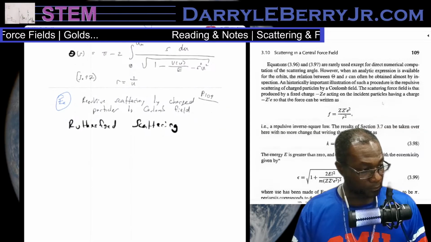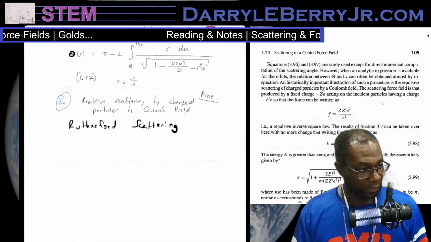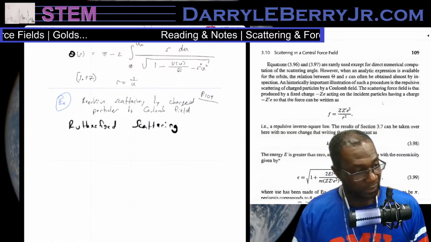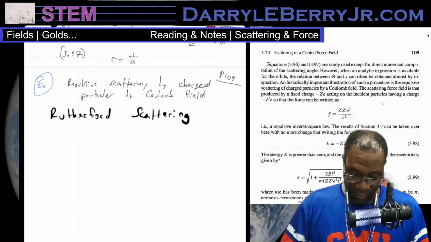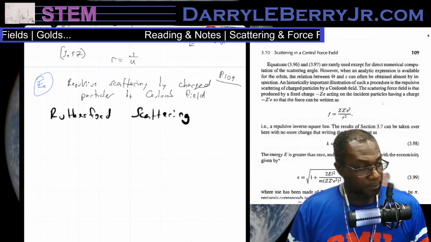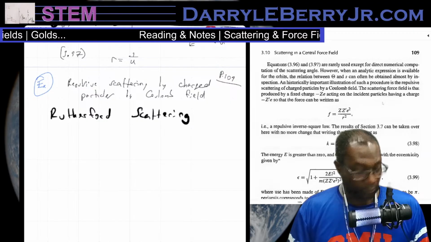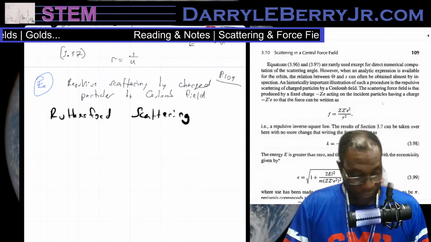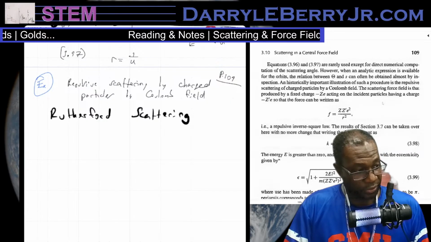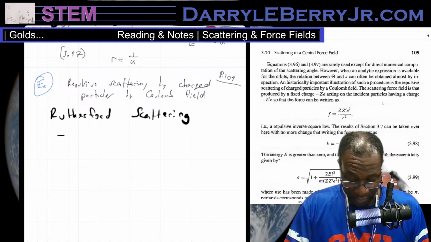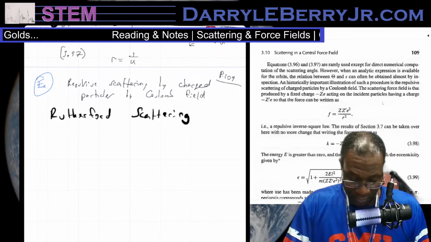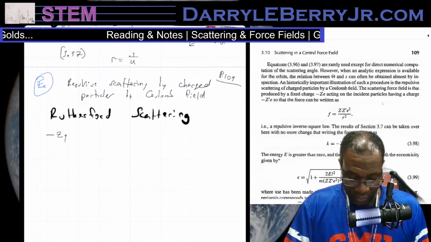So to find another symbol, why don't we do this? Let's say the fixed charge is negative ZQ.